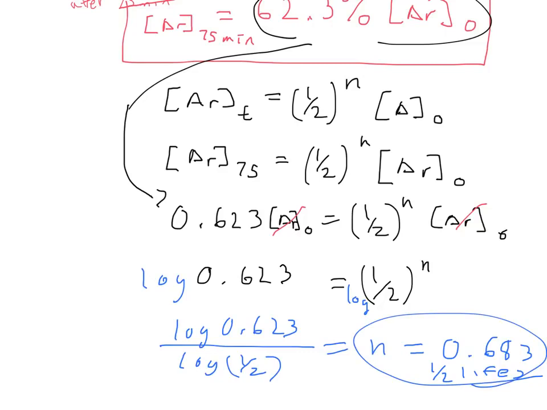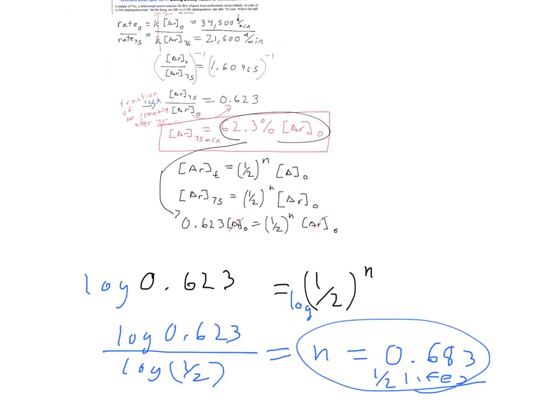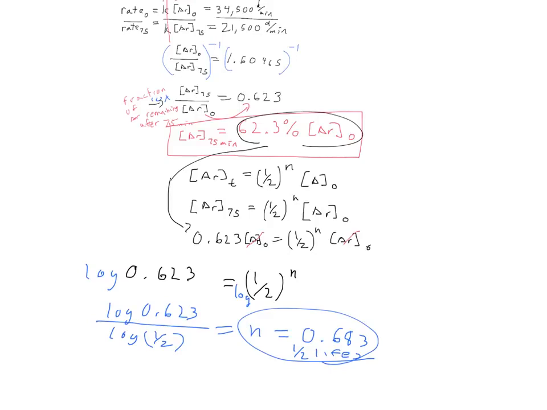All right, that's great, but I still don't have a length for my half-life. Or do I? Remember, what was our initial premise way back at the beginning? We were relating the concentration after 75 minutes. So that means that 0.683 half-lives equals 75 minutes. So how much would one half-life be?